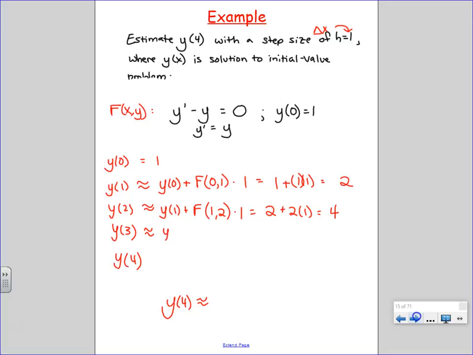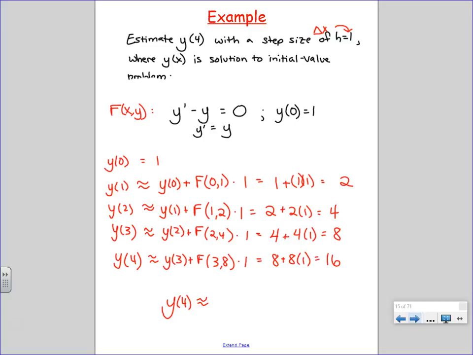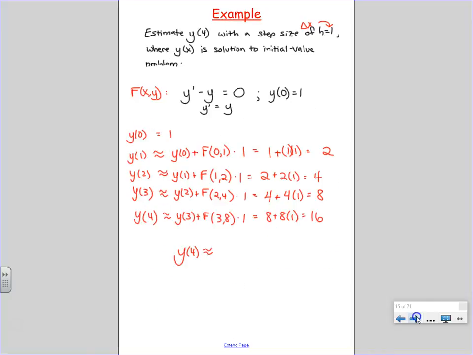Do you guys get the pattern? y2 plus, what point are you putting in? 2, 4. y2, our approximation, was 4, plus just 4, right? Equals 8. So at the end of the day, my approximation for y of 4 is 16.